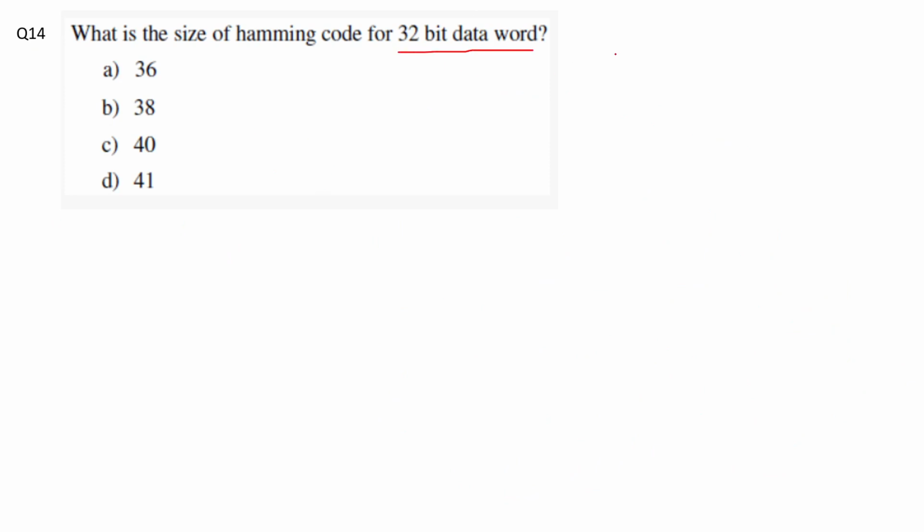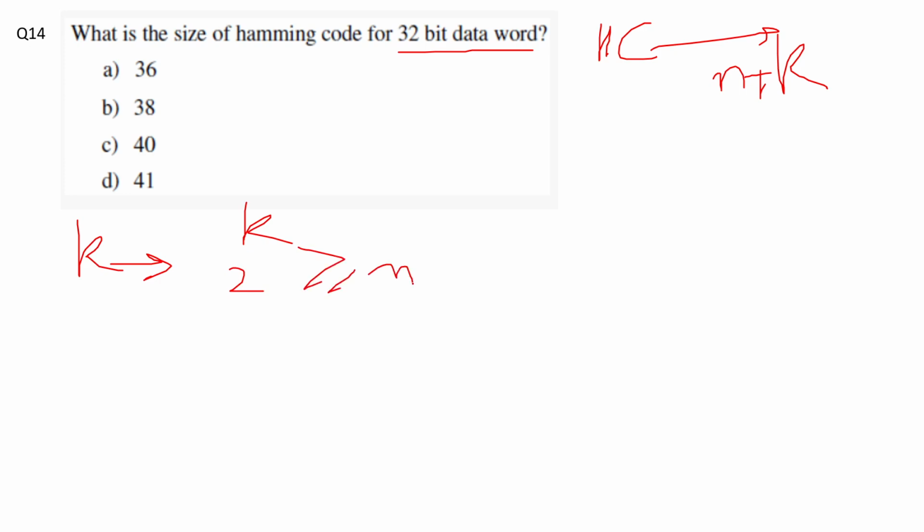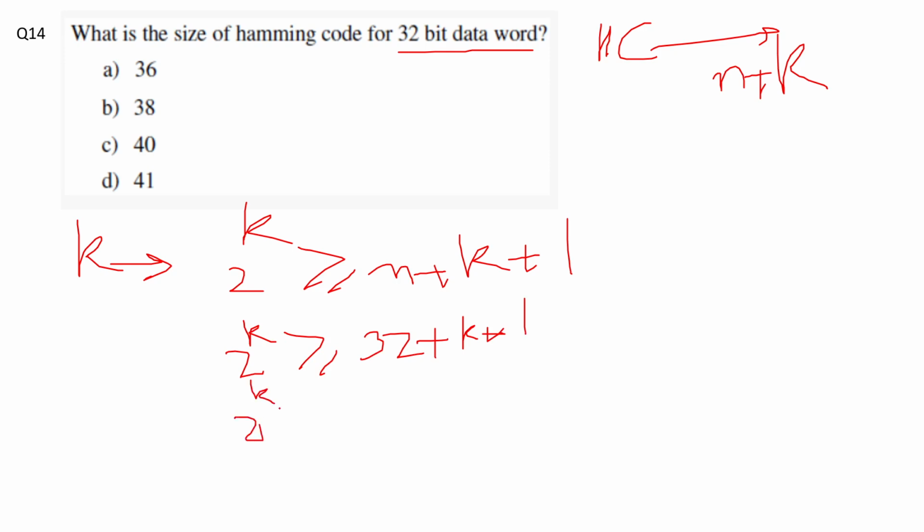We need to find out the complete size of a Hamming code, that is n plus k. So let's say there are k check bits in a Hamming code. The condition that it should satisfy is 2 raised to the power k should be greater than or equal to n plus k plus 1. And here n is 32, so 32 plus k plus 1. So 2 raised to the power k should be greater than or equal to 33 plus k.